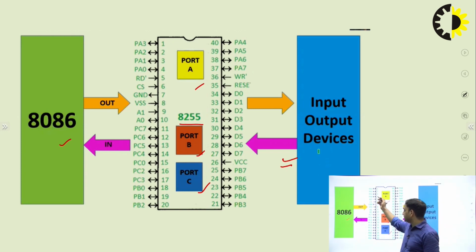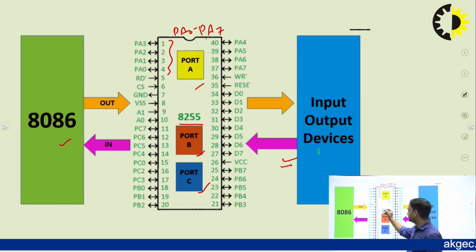In that IC, port A will be from PA0 to PA7. This is the 8 line port A. We see that pin number 1 to pin number 4 are PA3, PA2, PA1 and PA0, and here we can see PA4, PA5, PA6 and PA7.